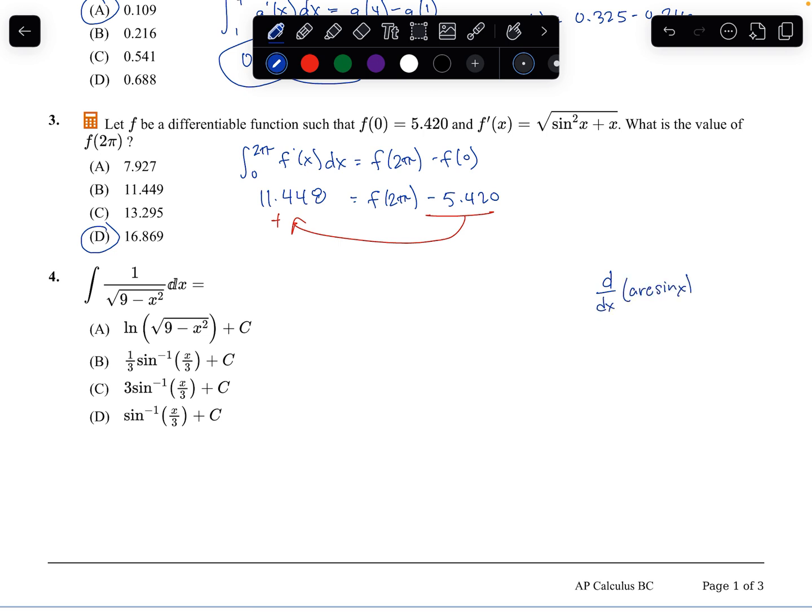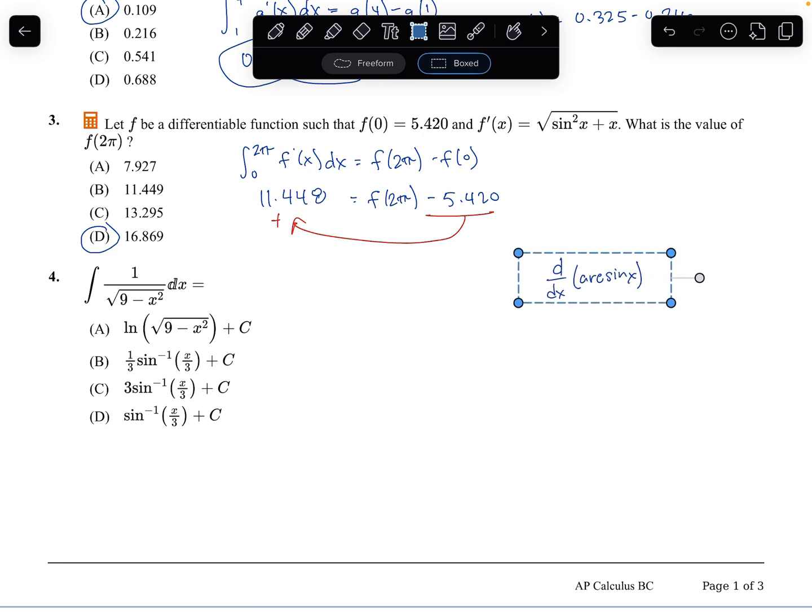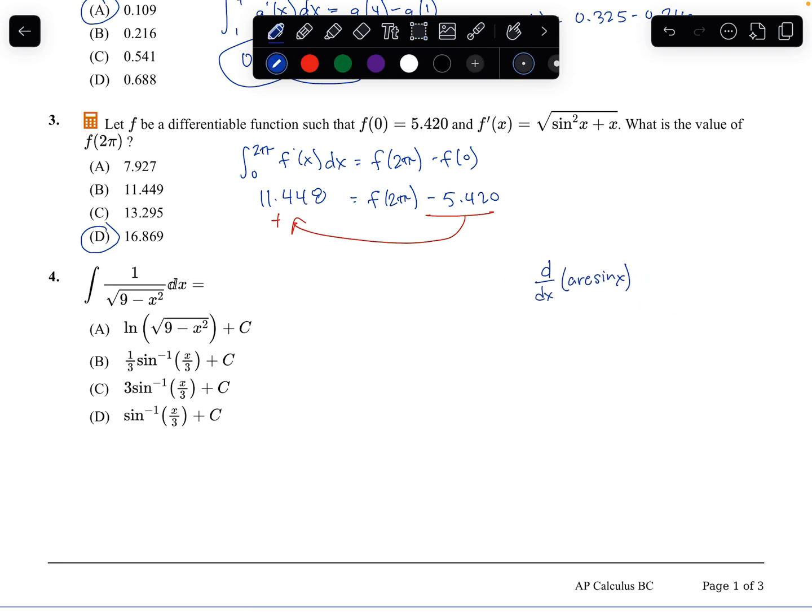If you remember, the derivative of arc sine is equal to 1 over the square root of 1 minus x squared. So I obviously want to take the antiderivative of this to get arc sine, but I need to manipulate the inside part of this right here.